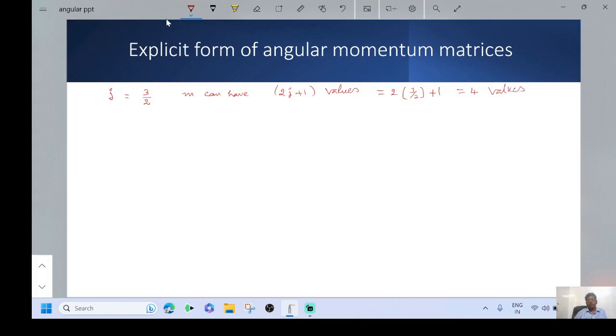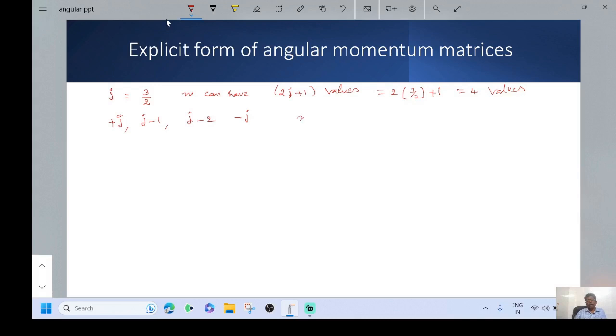What are the values? Plus j, j minus 1, j minus 2, and the last value is minus j. M has values from plus j to minus j in steps of unity.